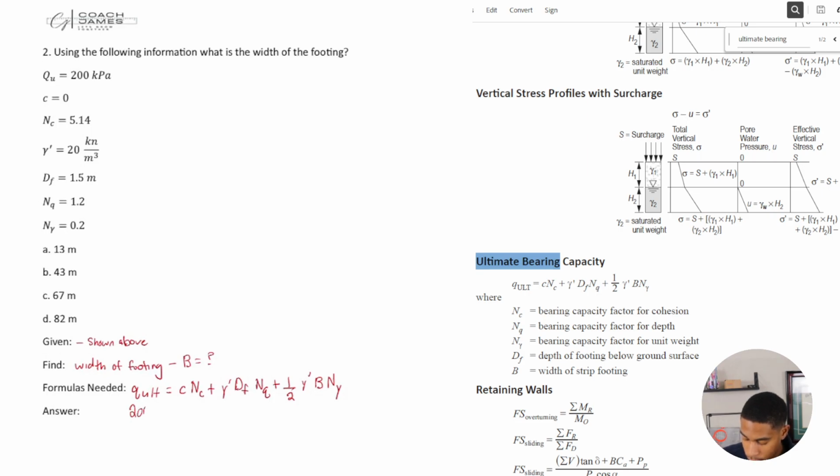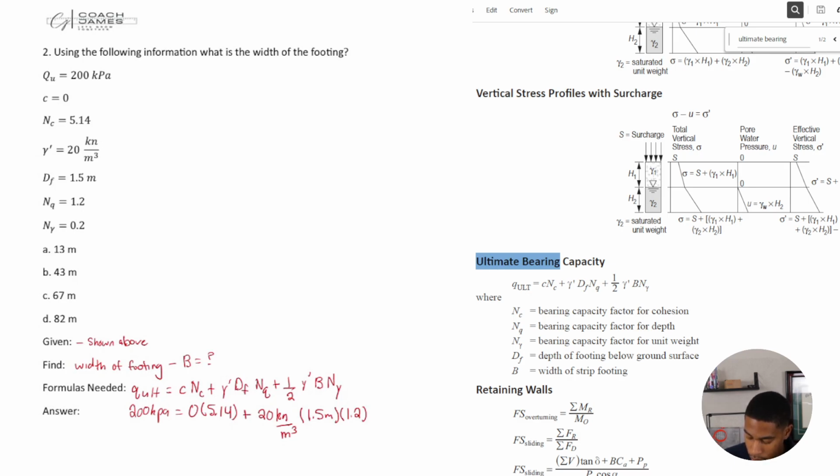So we have 200 kPa is equal to, what is C? 0 times 5.14, which doesn't matter because you're multiplying it by 0, but plus your 20 kilonewtons per meter cubed, okay, times df, 1.5 meters, times 1.2, which is a factor.